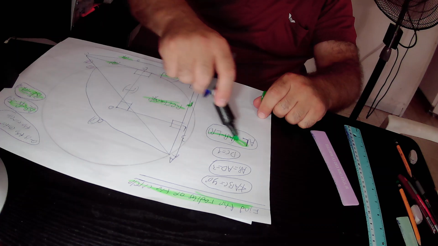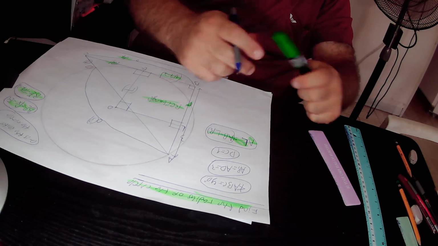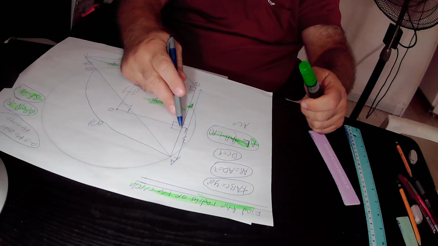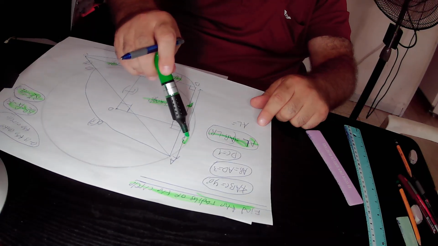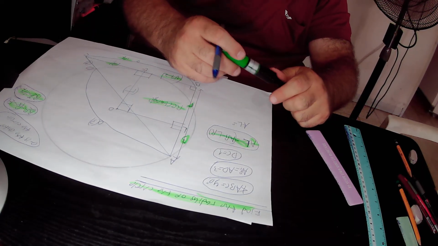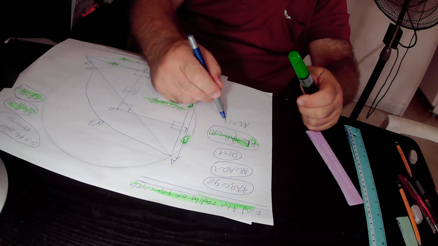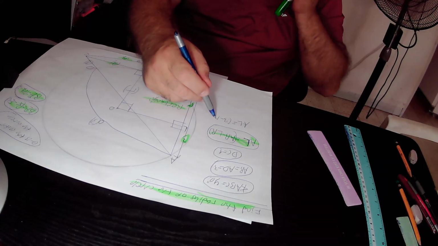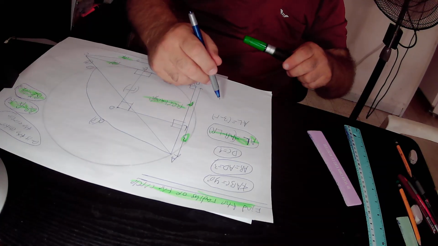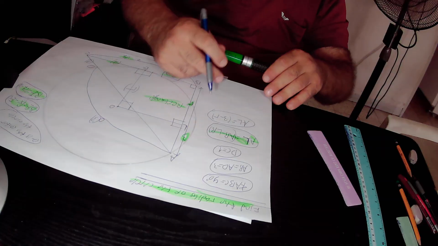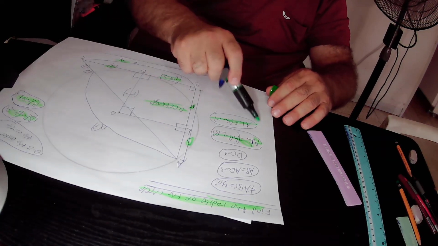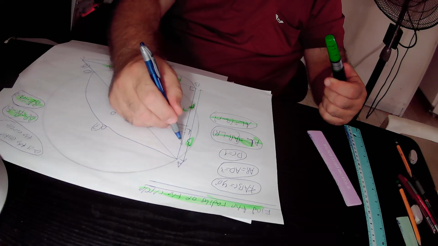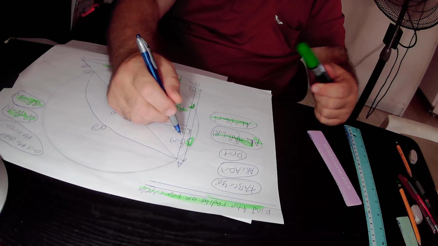So AL equals AB, which is 3 according to what is given in the question, minus LB. LB is R. So in total, we found out that AL equals 3 minus R units in length. This is side AL, equal to 3 minus R units in length.